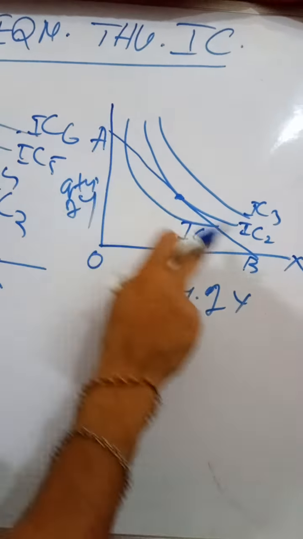Say this is point R, this is point T, and this is point V. So the consumer is indifferent among T, R and V as long as his budget is concerned, because T, R and V lie on the same budget line AB.